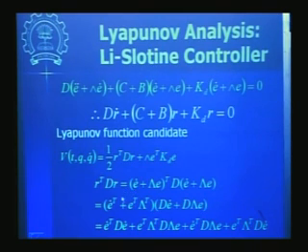Now in terms of error also we can prove that that is true. We just expand these by substituting for R as E dot plus lambda E. So this is (E dot plus lambda E) transpose times D times (E dot plus lambda E). You take this transpose inside, you get this equation, and then you multiply.